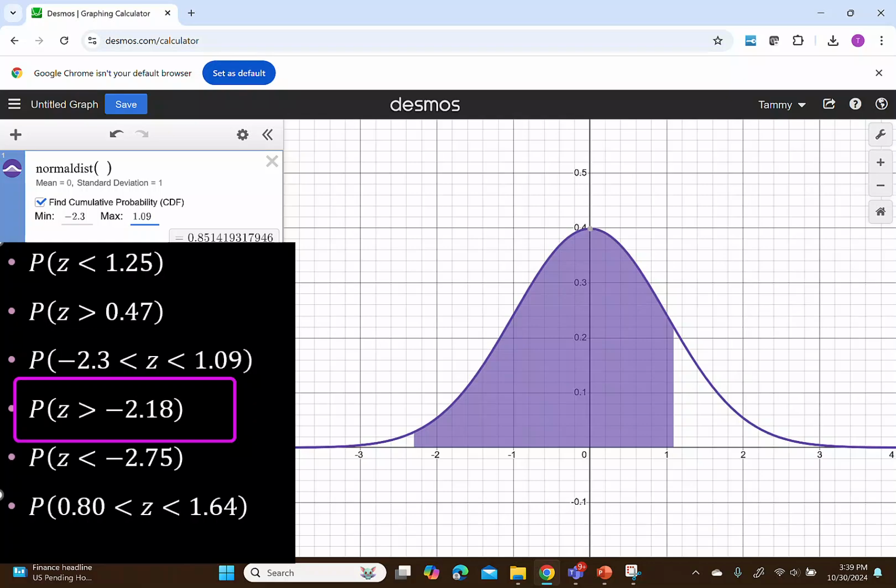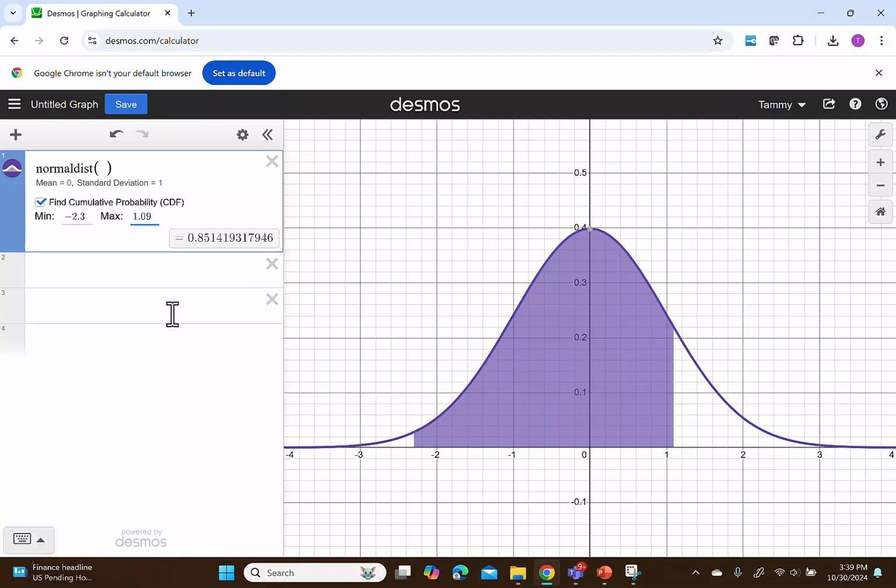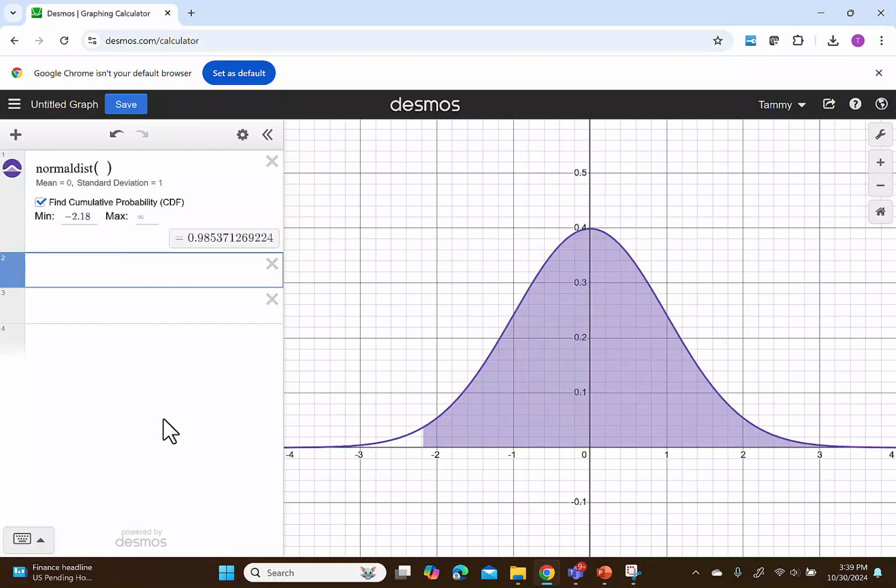Our next question says find the probability that z is greater than negative 2.18. So you want to think about where is greater. Greater than is bigger. So we go to the minimum and we put negative 2.18. Then I take away the max by deleting and then clicking away.